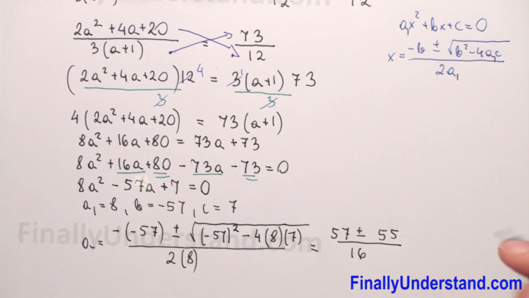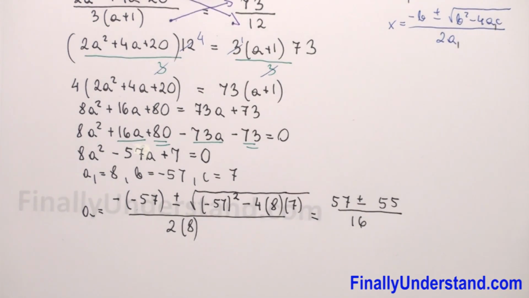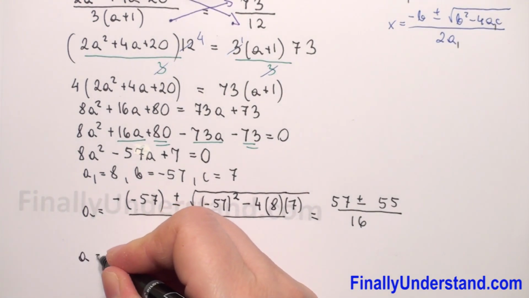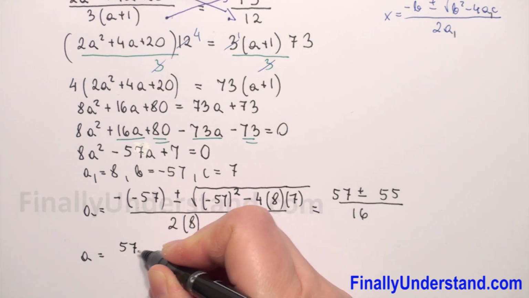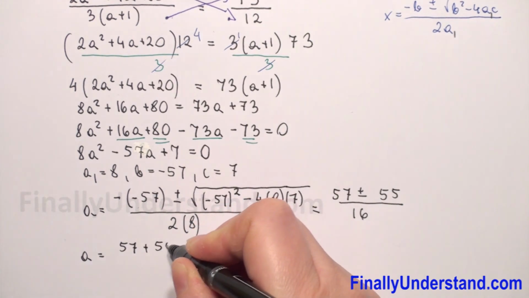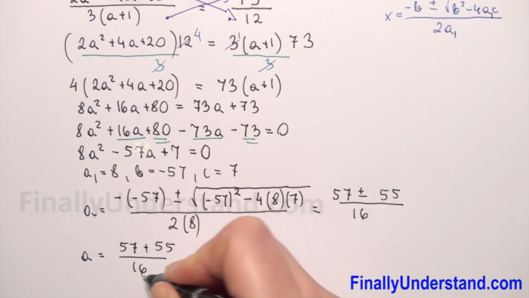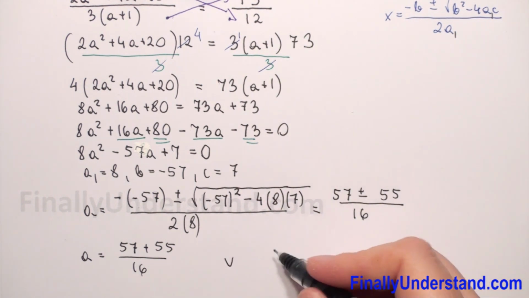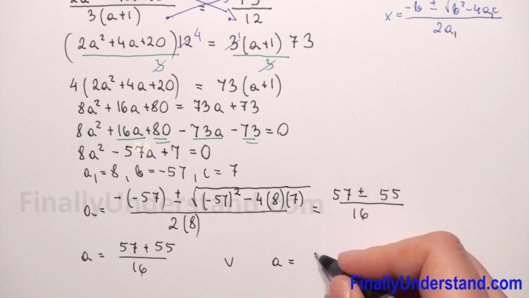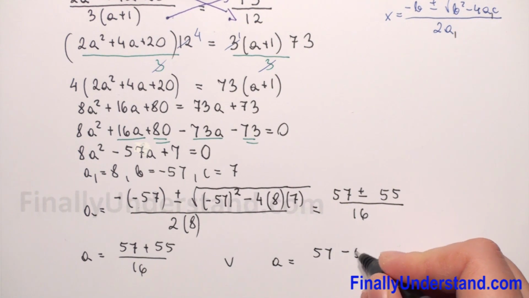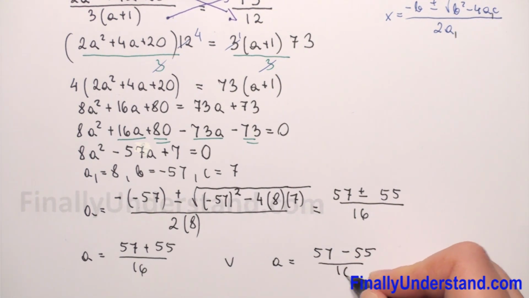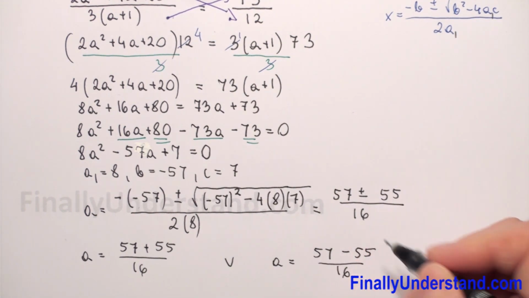So we have that a will be 57 plus 55 over 16, and the second solution will be that a is equal 57 minus 55 over 16, because we have here plus minus.